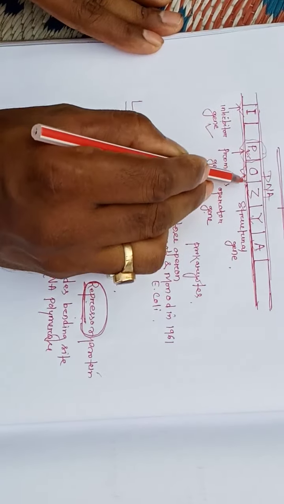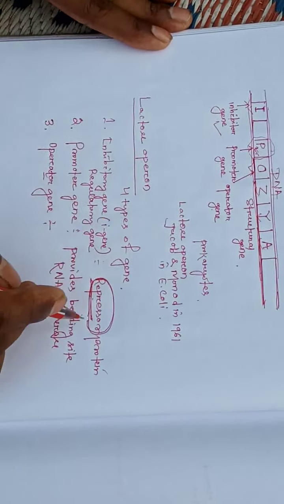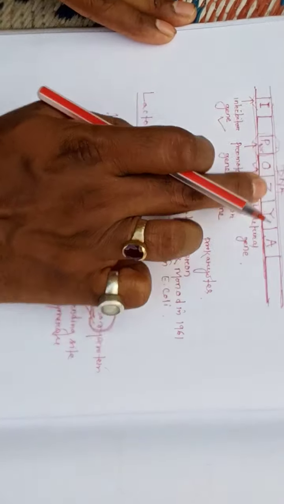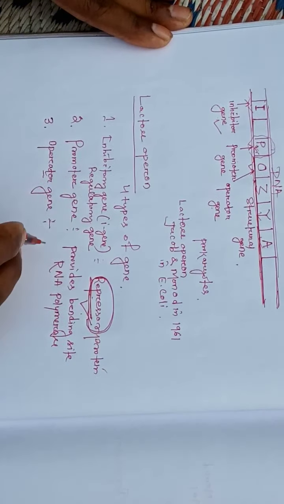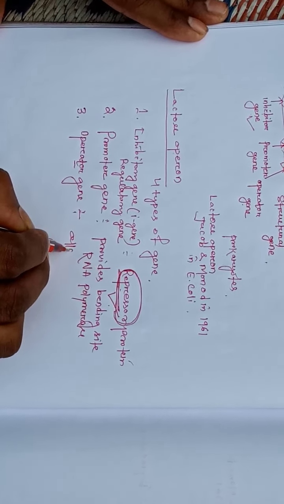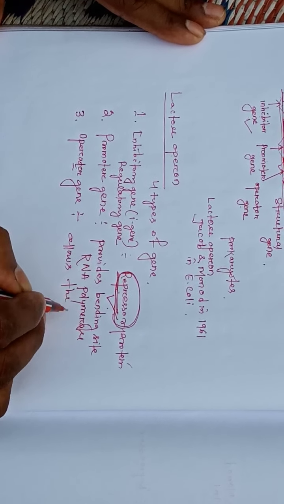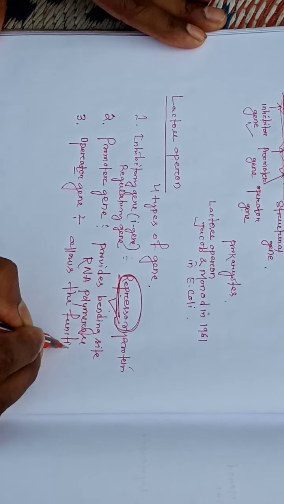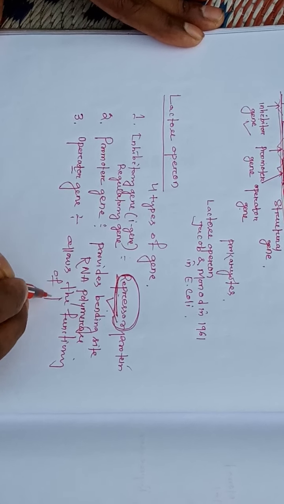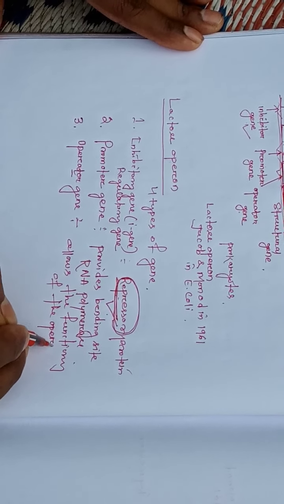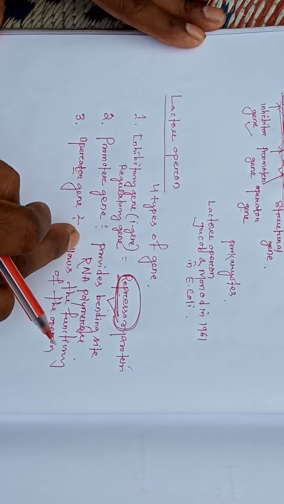And when the operator gene is not covered by the repressor protein, the operon is switched on or turned on. So it allows the functioning of the operon when it is not covered by the repressor protein.